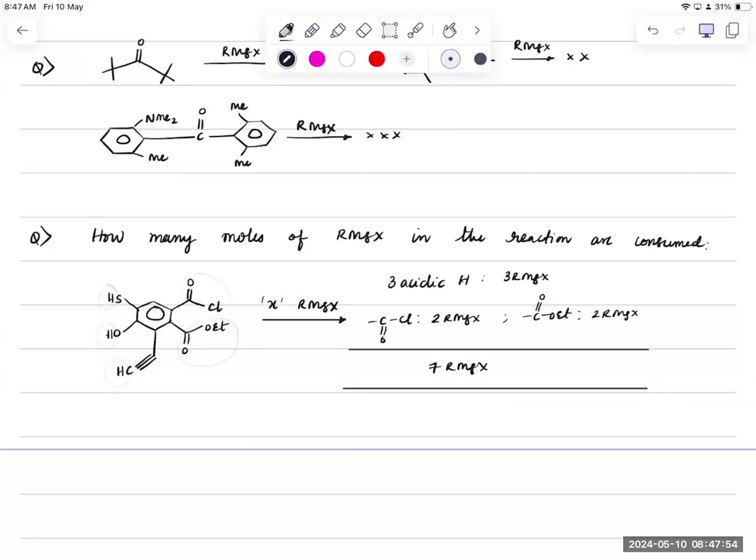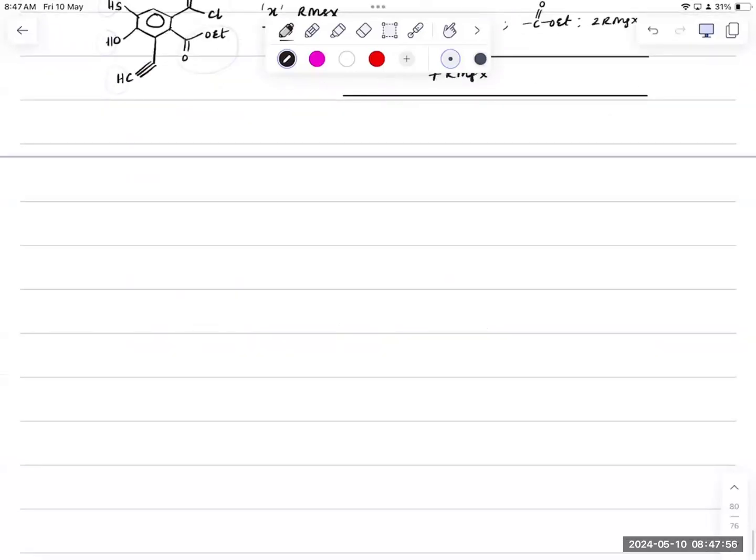Everybody understood that? So this gives us one important clarity that whenever you have RMgX and you are treating that with any acidic hydrogen, where do we find this acidic hydrogen?